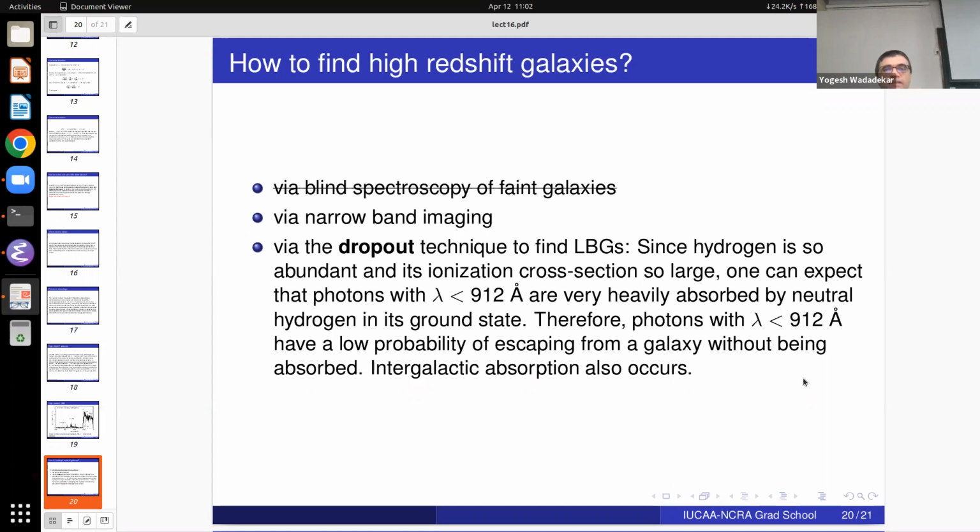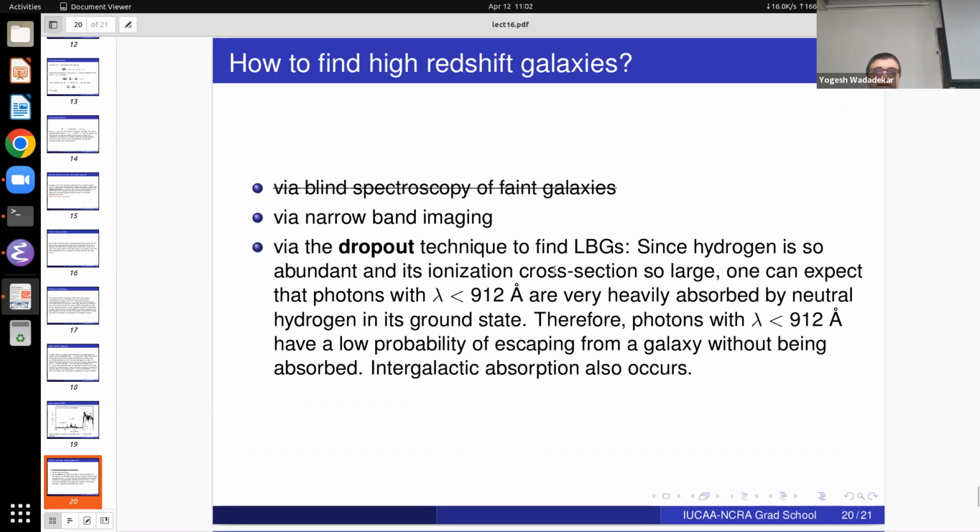So there have been large projects, particularly with the Subaru telescope, that have used narrowband Lyman alpha emission lines to identify high redshift galaxies at different redshifts. But what we saw in the previous slide is what is called the dropout technique to find what are called Lyman break galaxies.